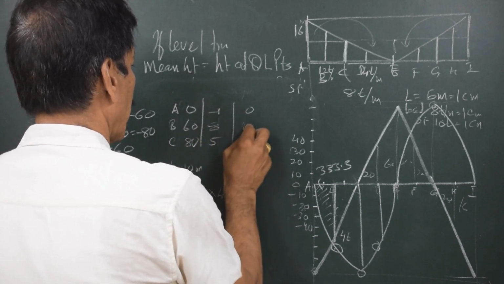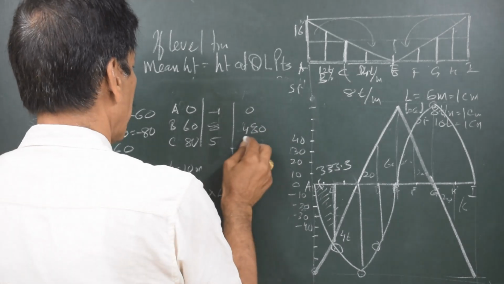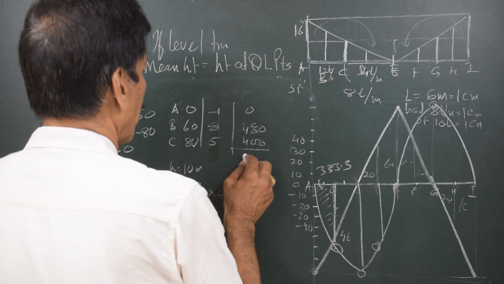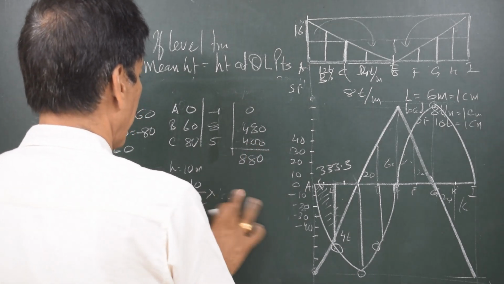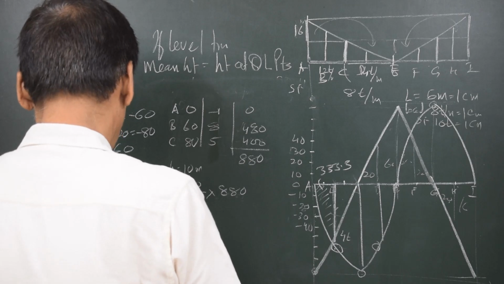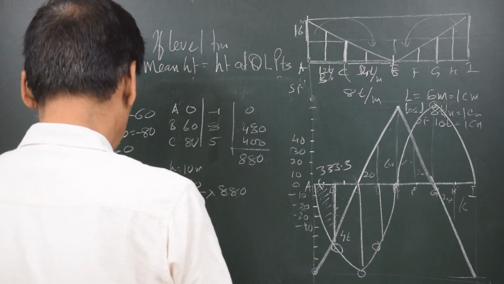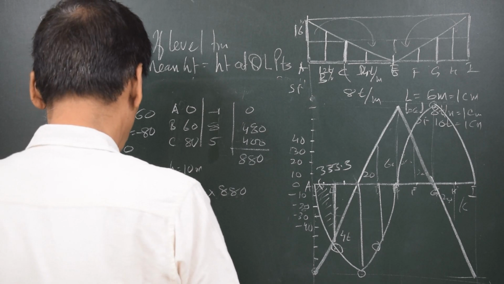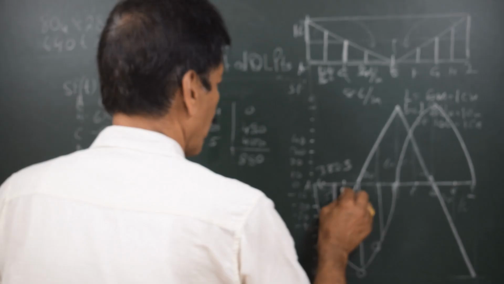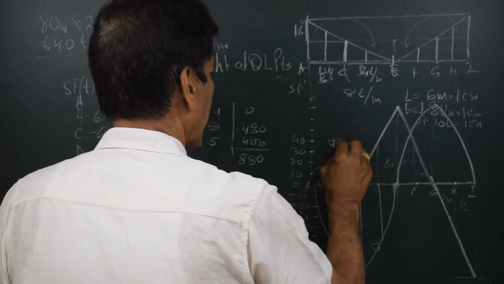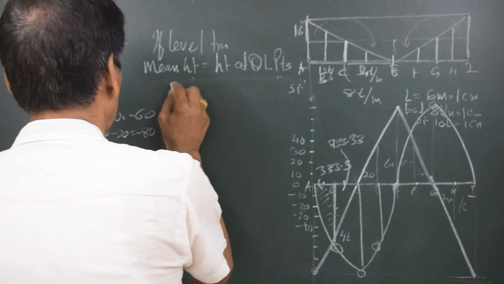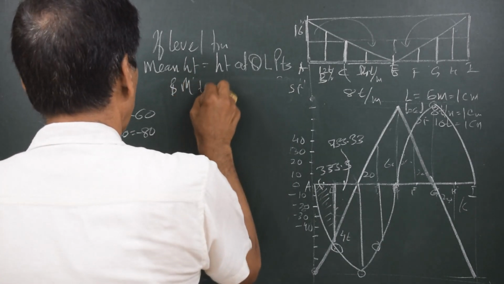So this is once again 480, but this is 400. So the total becomes 880, and the area will be 8800 divided by 12. That gives me 733.33. So this part is 733.3.